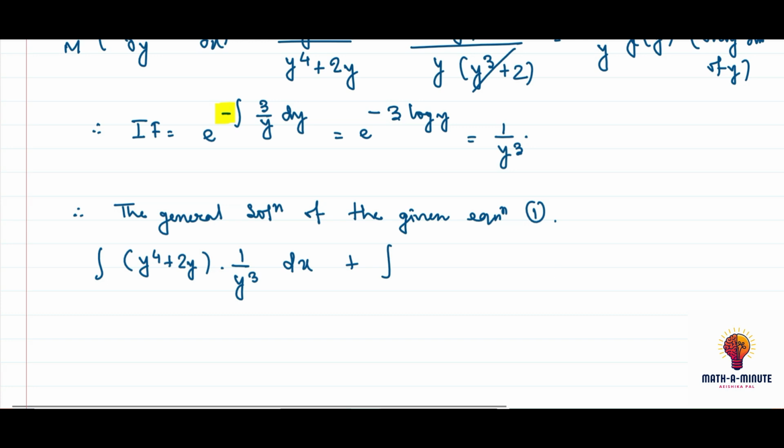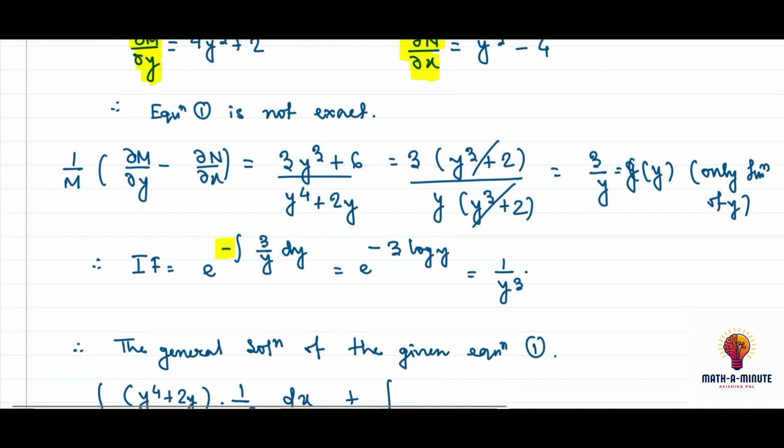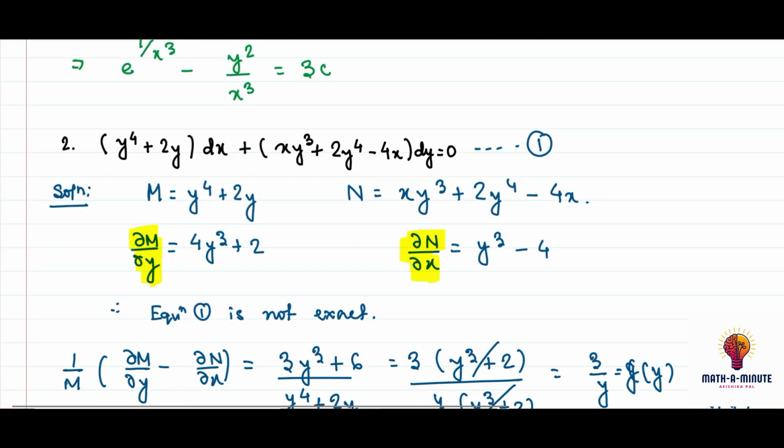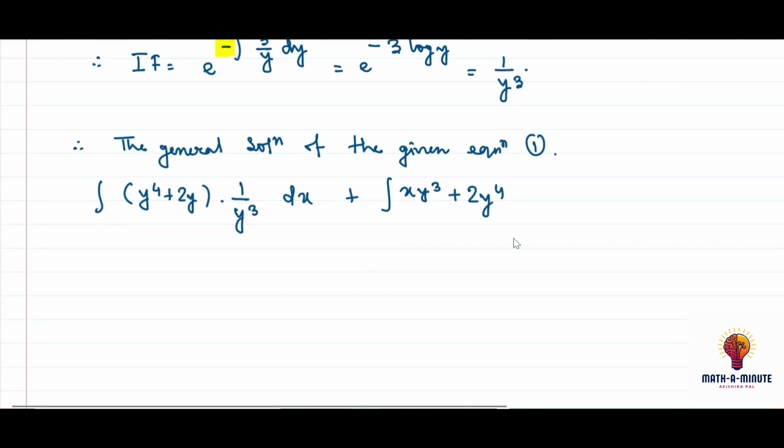So N is xy cube plus 2y to the power 4 minus 4y, then into the integrating factor 1 by y cube, dy equals c. But here this term will be x free.